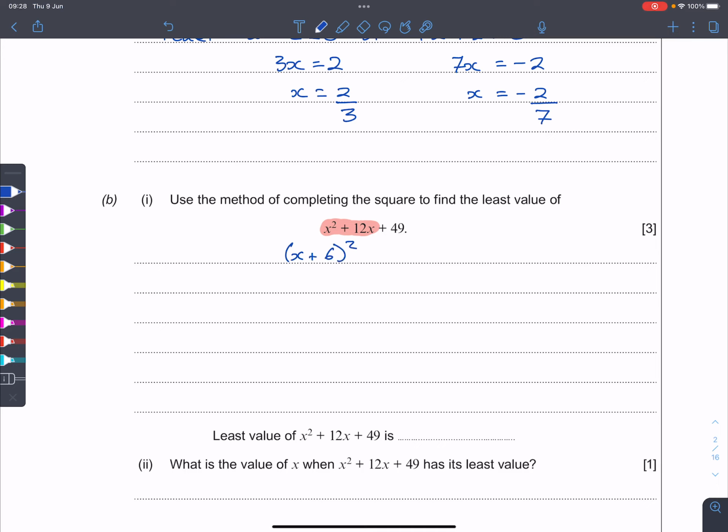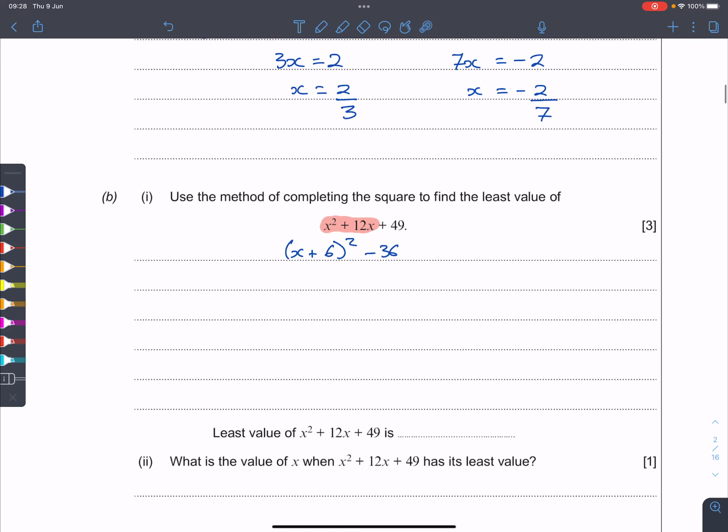Now the x plus 6 squared will give me x squared plus 12x plus 36. I don't want that plus 36, so I'm going to take the 36 away, which is the square of this. And then I'm going to put on the constant that I do want, which is plus 49. So that leads us to x plus 6 all squared plus 13.